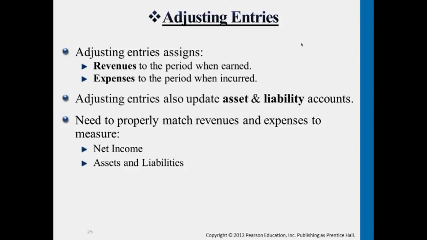So if I go back to that supplies example earlier, if I want to adjust the value of the supplies at the end of the month, what would be the two accounts that will be affected? Exactly. So a type of asset account is being affected, reduced.